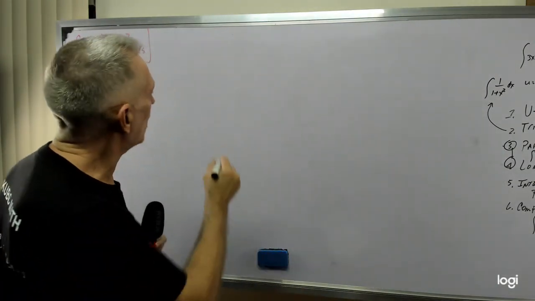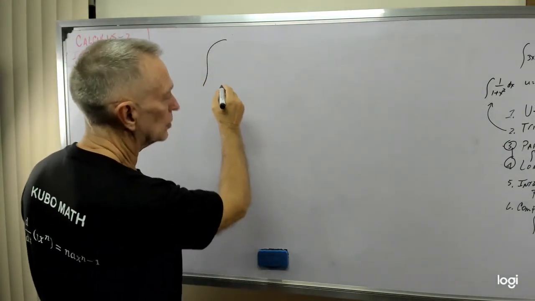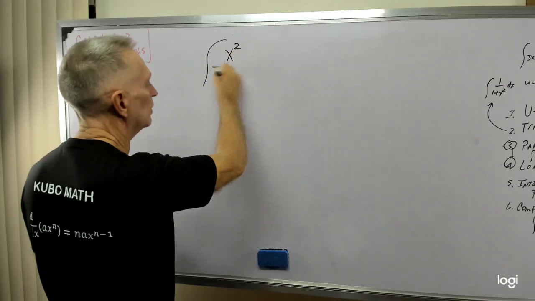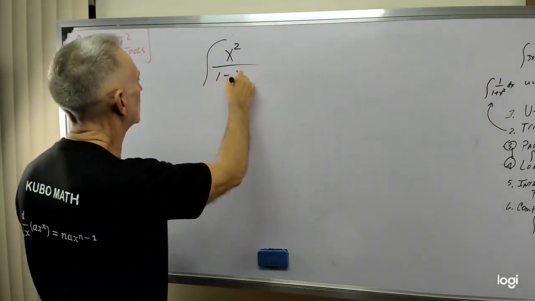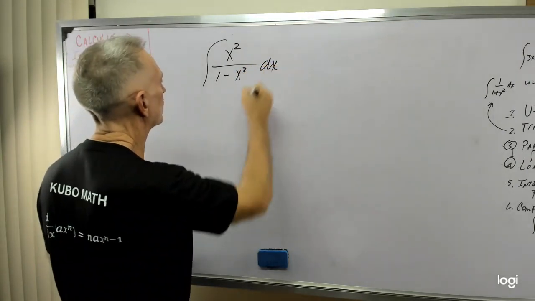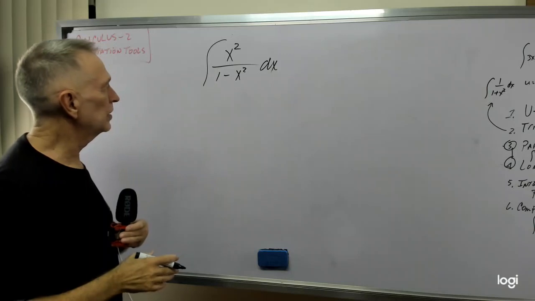Okay, we have a problem here. The integral of x squared divided by 1 minus x squared dx. Okay, well, what to do here?